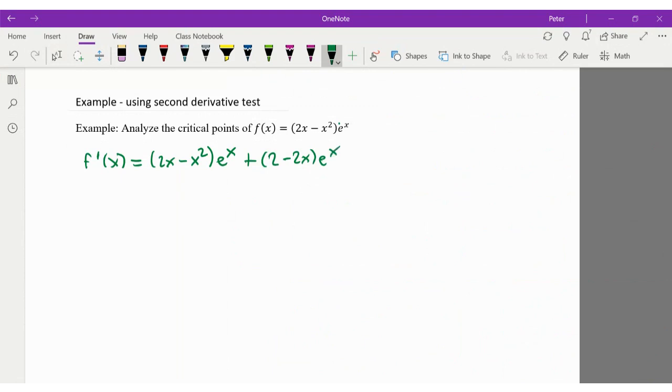So that's the product rule, and that comes out to e to the x times (2x minus x squared plus 2 minus 2x), which equals (2 minus x squared) e to the x.